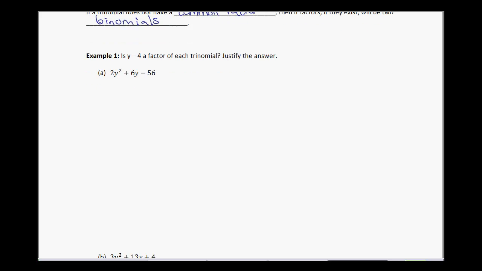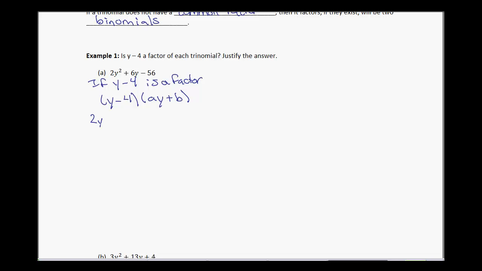Example 1. Is y minus 4 a factor of each trinomial? Justify the answer. So we want to know if y minus 4 is a factor, then y minus 4 will be a binomial that multiplies by another binomial of the form ay plus b, in this case, to distribute out to equal the trinomial 2y squared plus 6y minus 56.